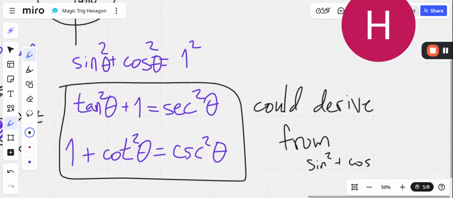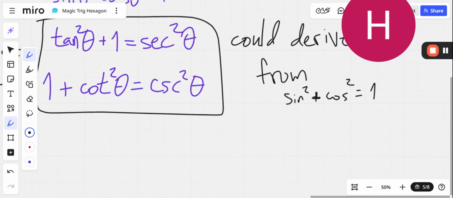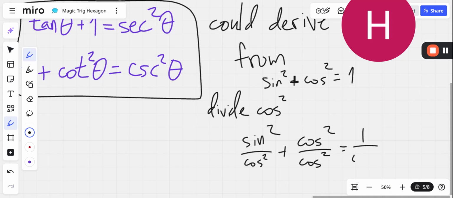What do I mean derived from? I just mean that if you start with this equation, which we know is true, sine squared plus cosine squared equals 1, if you divide everything by cosine squared, every single term, then you'll get sine squared over cosine squared plus cosine squared over cosine squared equals 1 over cosine squared.